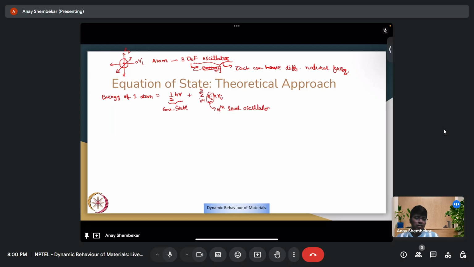So you have different natural frequencies, and depending on whether it's on the first natural frequency or second or third, you have a different integer. These are all positive integers. Together, the term ni h nu i refers to the energy of the oscillator with ni, nu i, nu i being the frequency and ni being which level of oscillator you have.